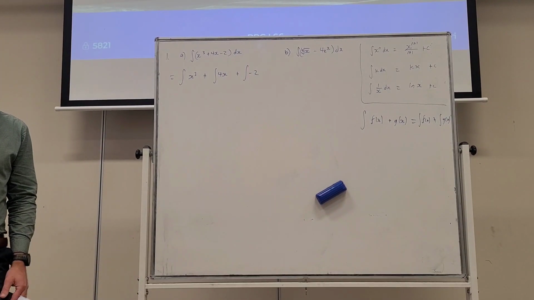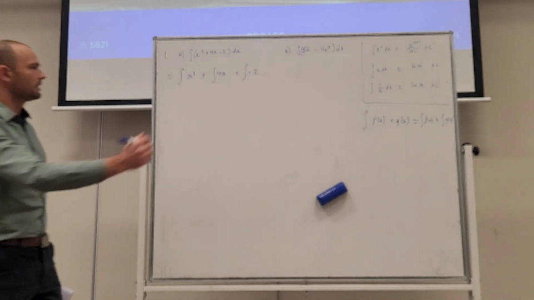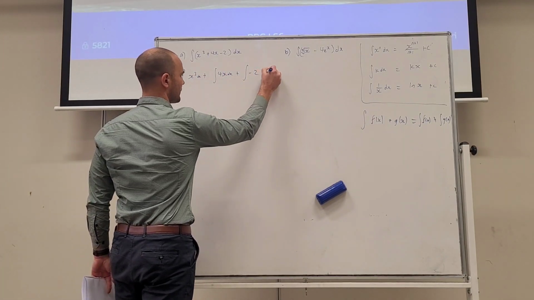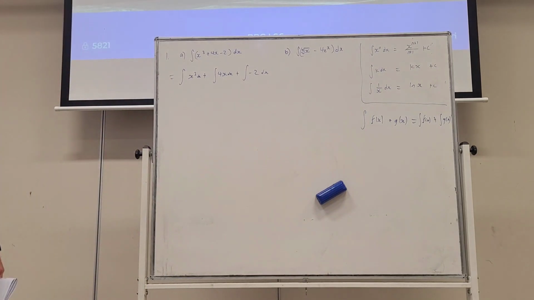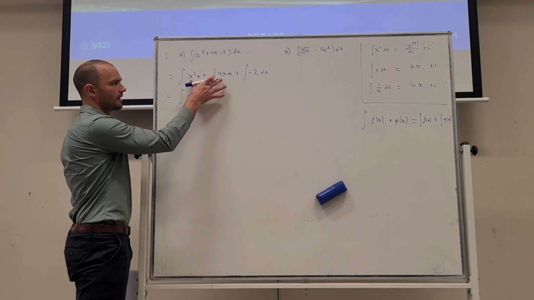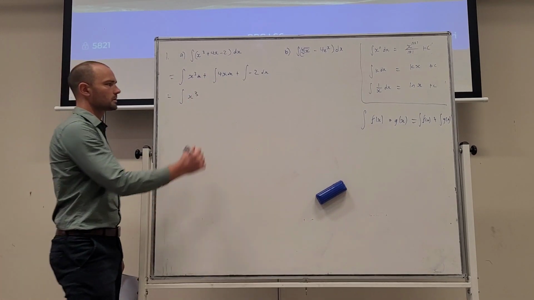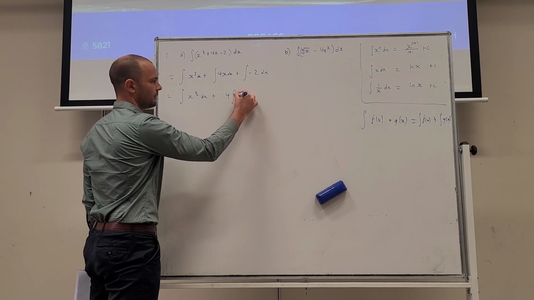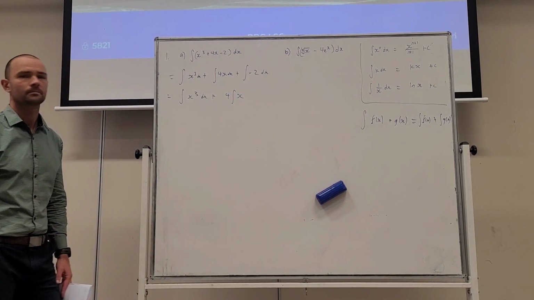So we're integrating each part of the function. Anytime we write the integral statement, we need to write our dx's to say we're integrating with regards to x. All I've done there is apply our first property of integrals. Then I'm going to pull the numbers out the front. So here we have 4 times the integral of x.